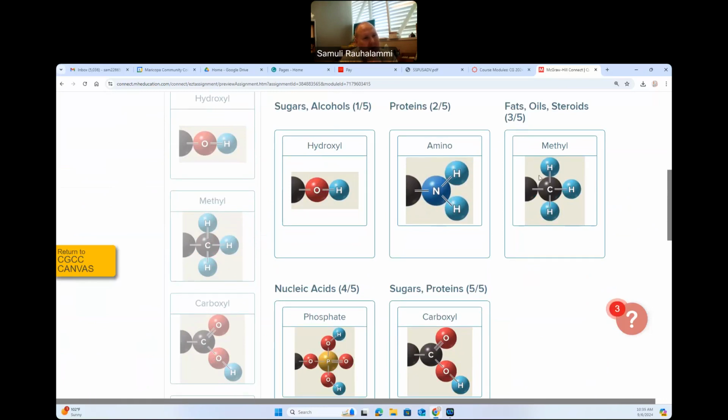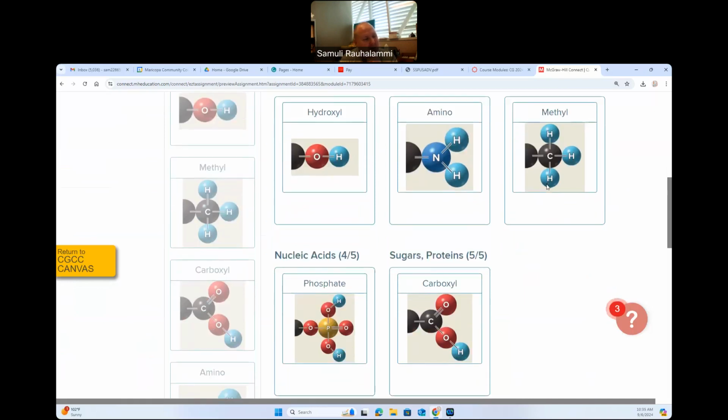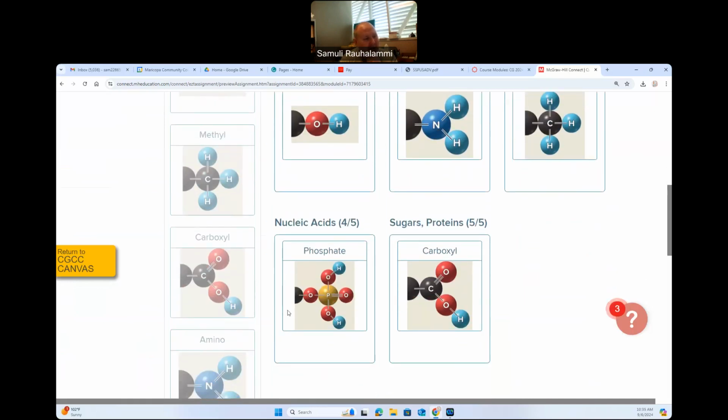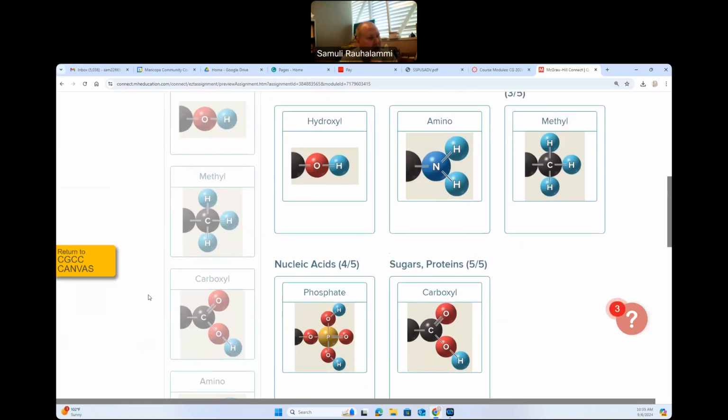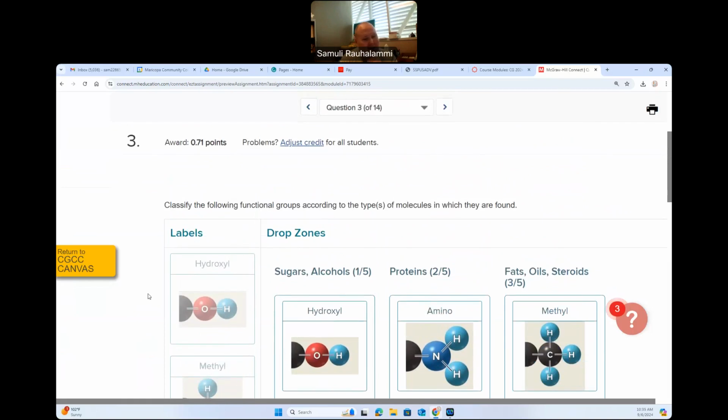For fats, oils, and steroids, we see methyl groups. And for nucleic acids, it's going to be our phosphate groups. And finally, for the sugars and proteins, that's going to be our carboxyl groups. So a nice way for you to review some of the big things that we're seeing, some of the themes that we need to discuss.